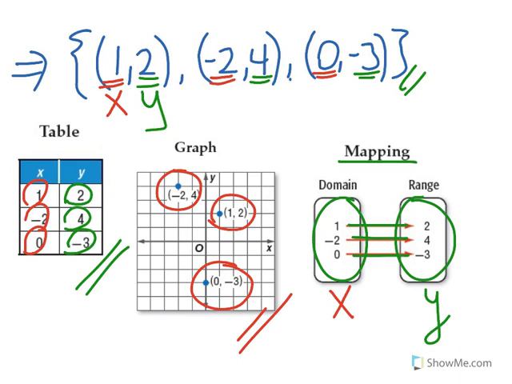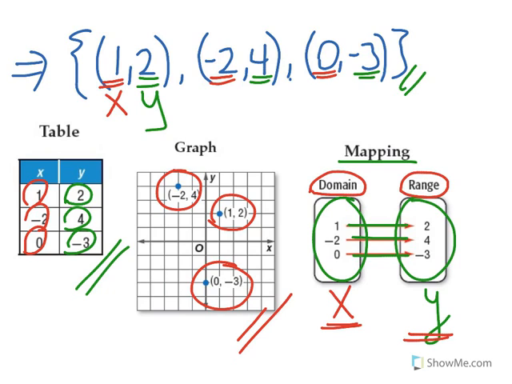This is called the mapping method. Moreover, the set of the values of x is called the domain, and the set of values of y is called the range. We are going to get back to this in another video.